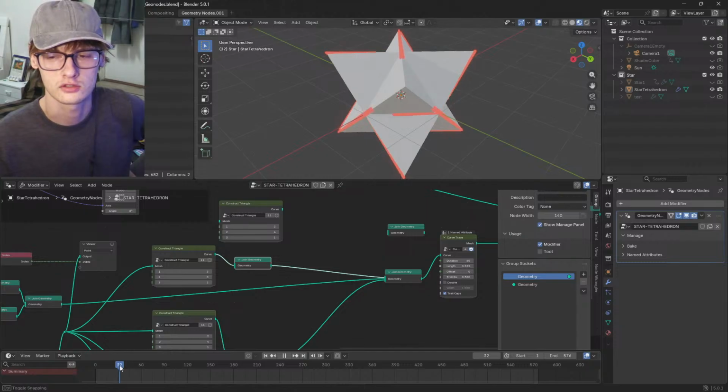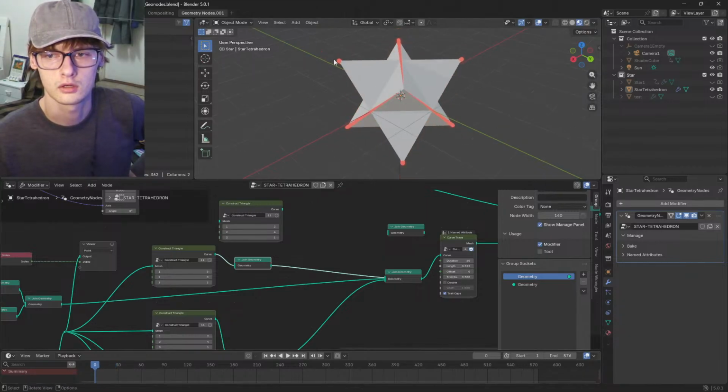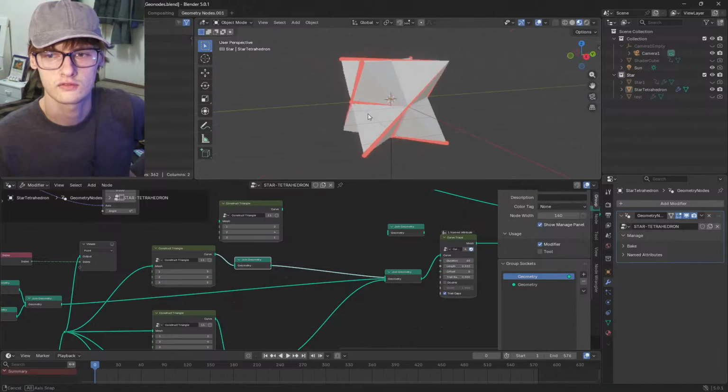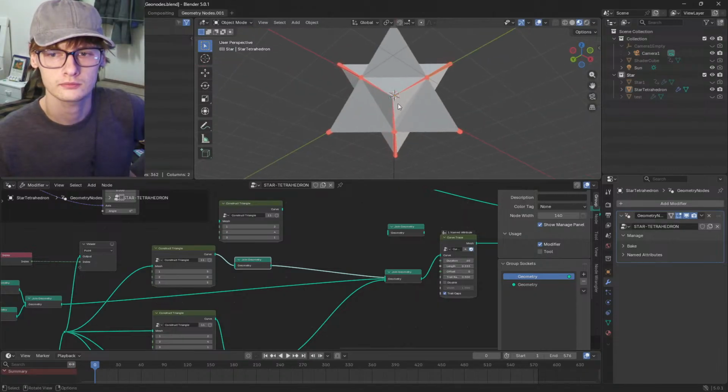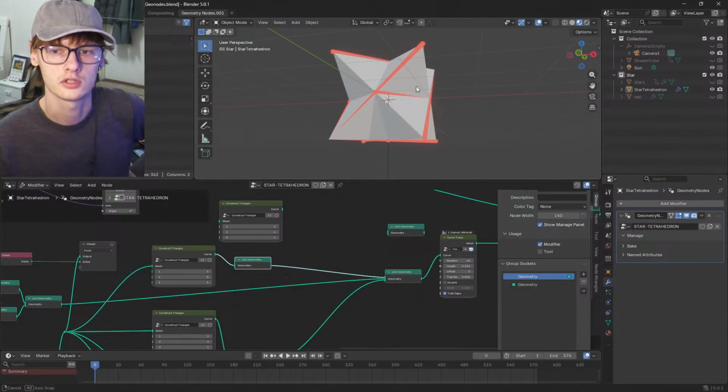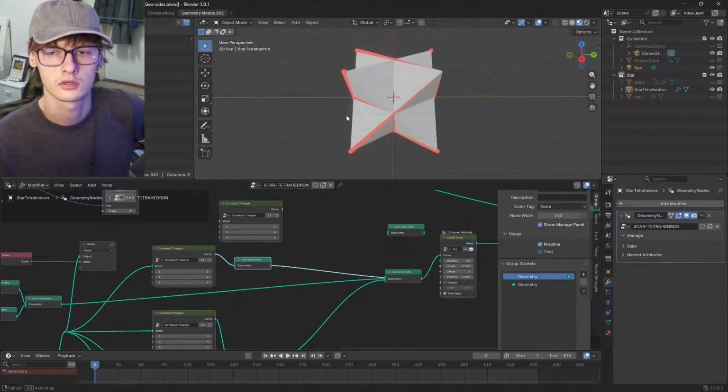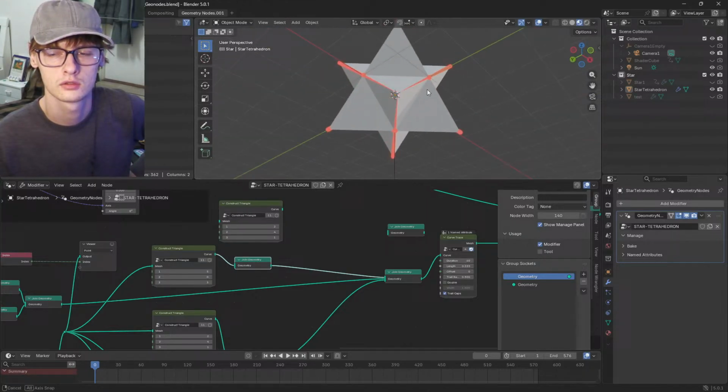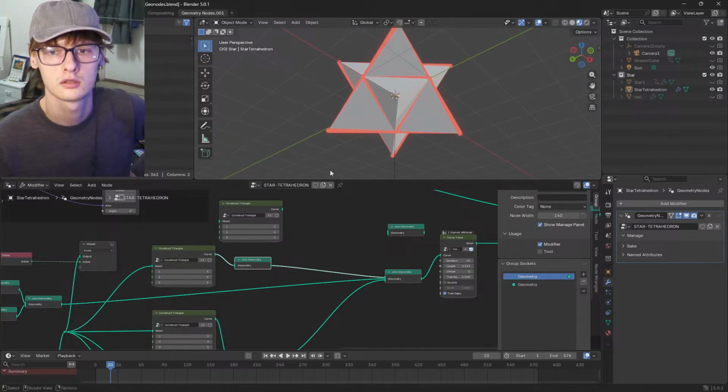Or not seconds, frames. So if this is the start point, where if I can find the moment in time where this is happening on the other side, that would be at 20 seconds.